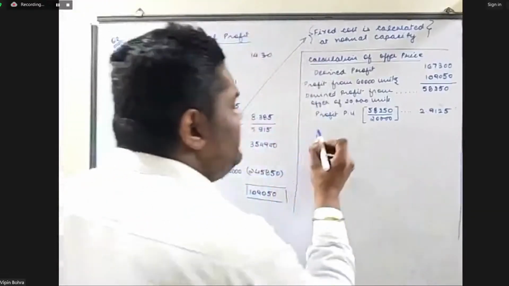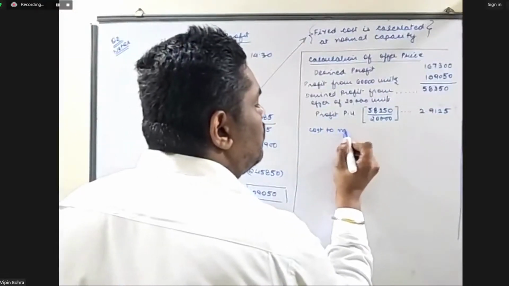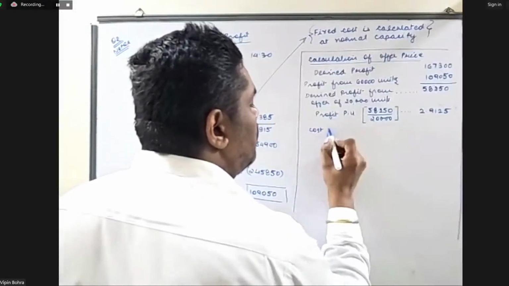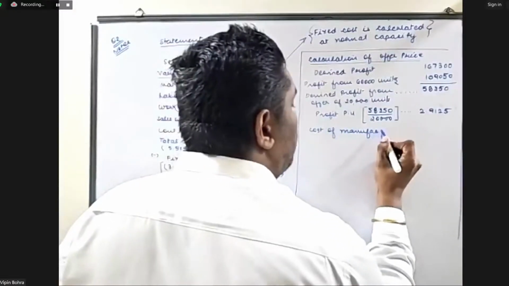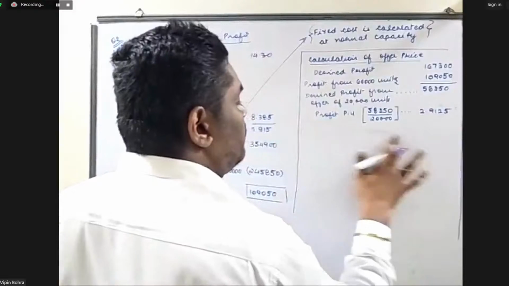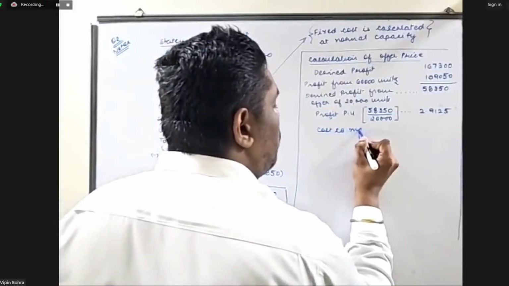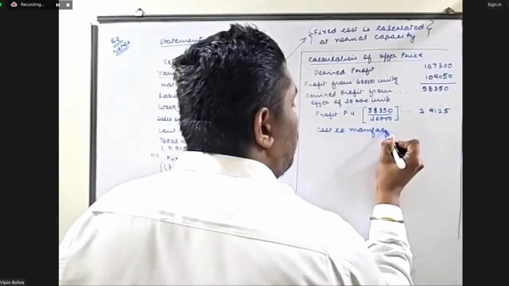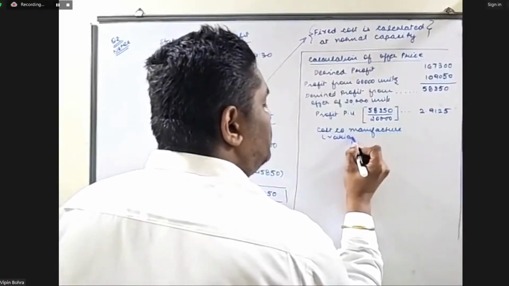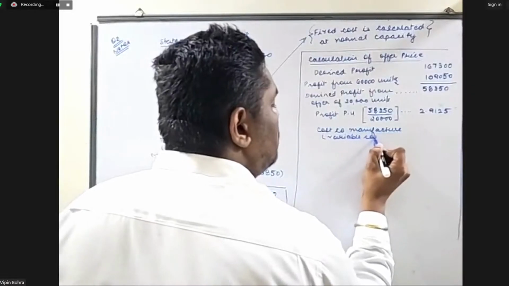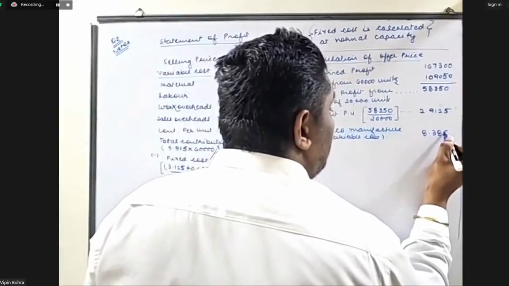So the cost of manufacturing is how much? In short, my variable cost is 8.385.